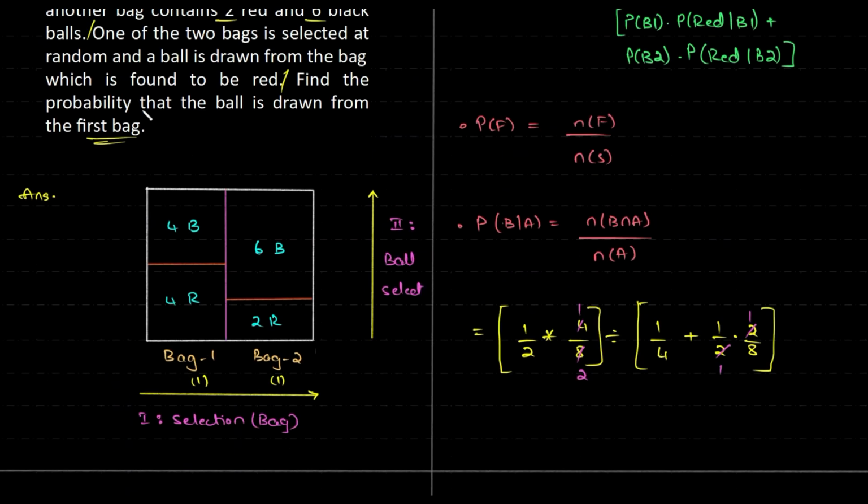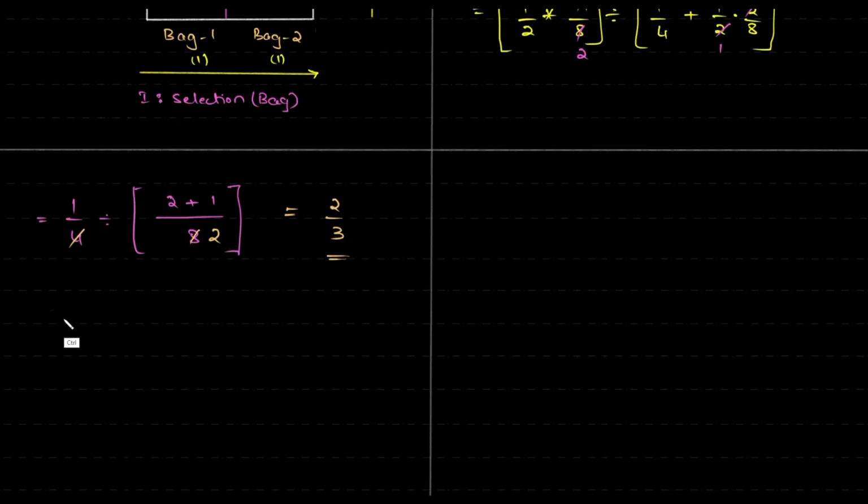So we'll just write a statement. The probability that the ball drawn is from first bag is 2/3.